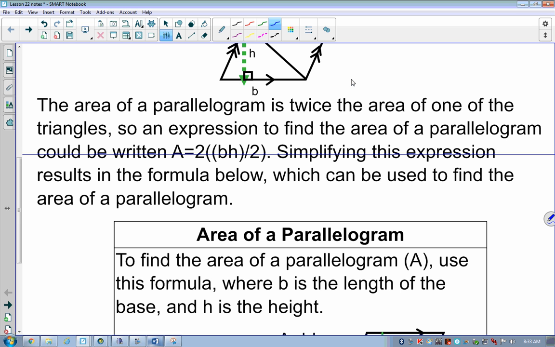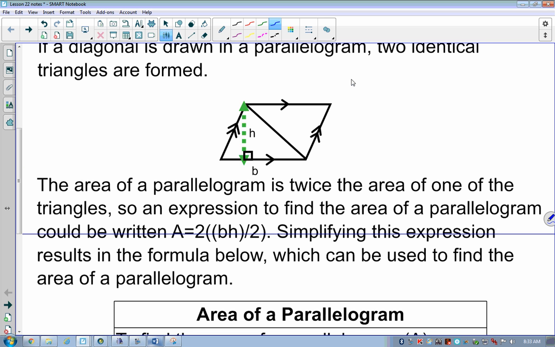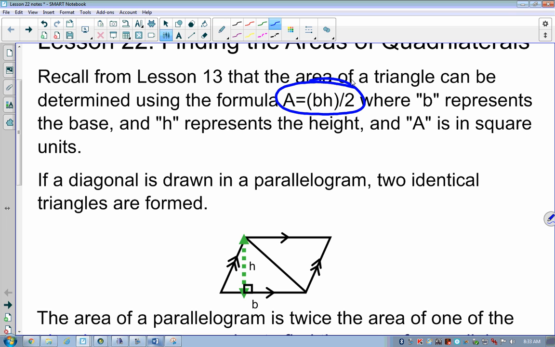Another way to look at this: if I were to cut that piece off, from that vertex down to that point, and move this section over to here, it would fill this in perfectly. That shape becomes a rectangle, and that's why base times height also works.